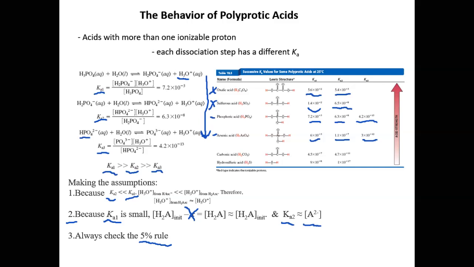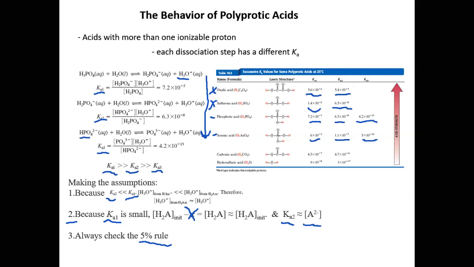If you have a very concentrated solution, you might get by without having to use the quadratic equation. But if it's a dilute solution, you probably have to use the quadratic equation for that. Now, starting with carbonic acid and hydrosulfuric acid, you can use the approximation, because those Kas are very small.